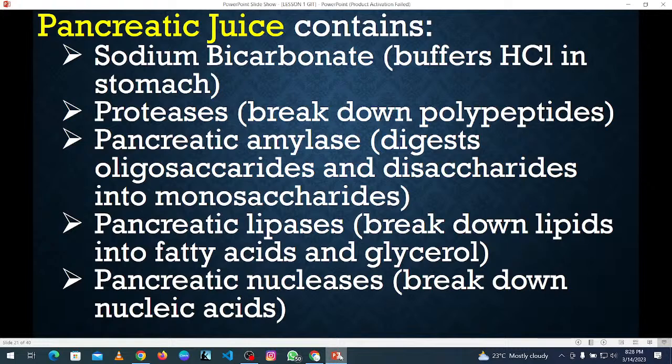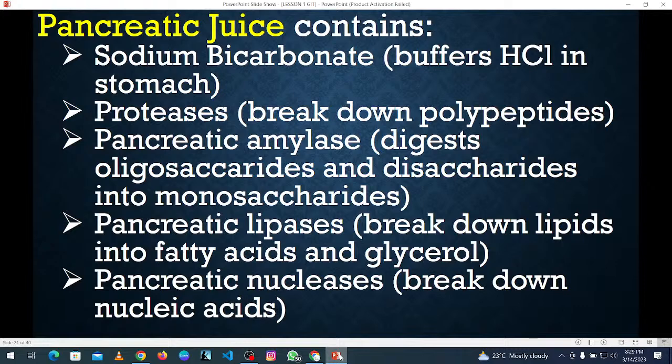When food gets into the duodenum, we will see this when we get to the small intestines. The first part of the small intestine is the duodenum, the second part is the jejunum, and then we get to the ileum. So the small intestine is grouped in three: the duodenum, jejunum, and the ileum.